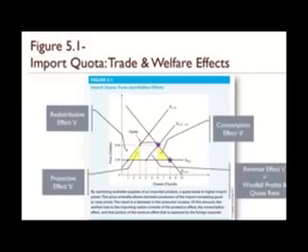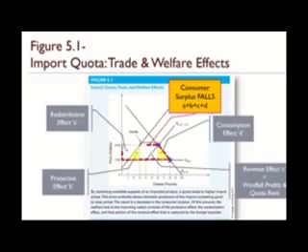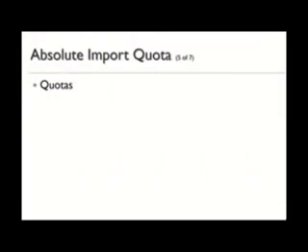The quota rent is collected by the authorized importer who sells it in the protected market. Who is the importer? We will look into who the entity can be in the next section. U.S. consumer surplus falls by areas A, B, C, and D, mathematically totaling $17.50.